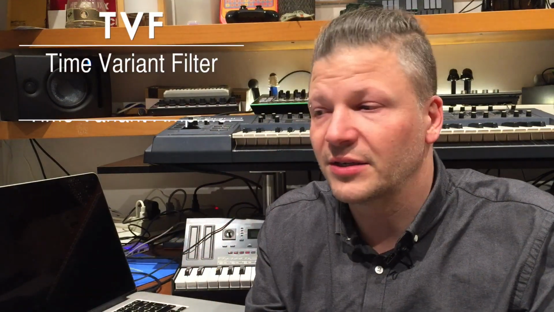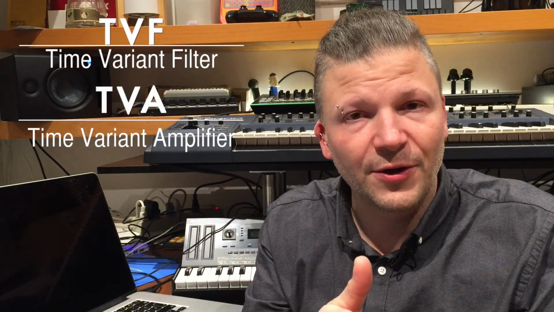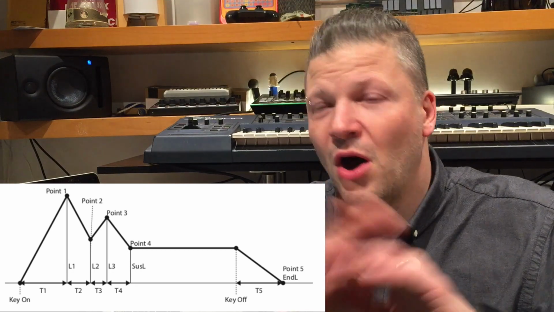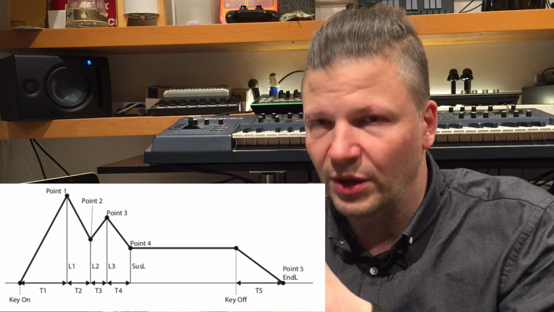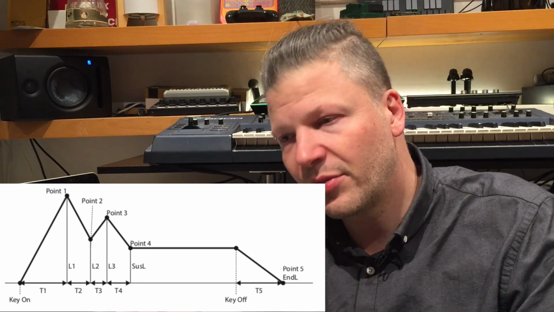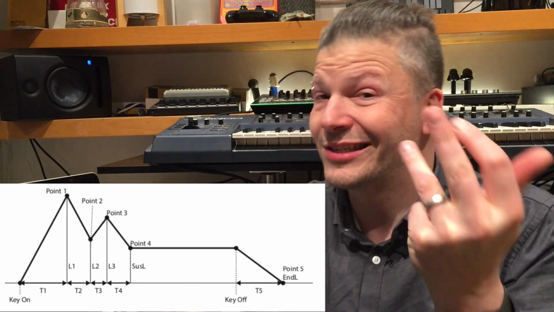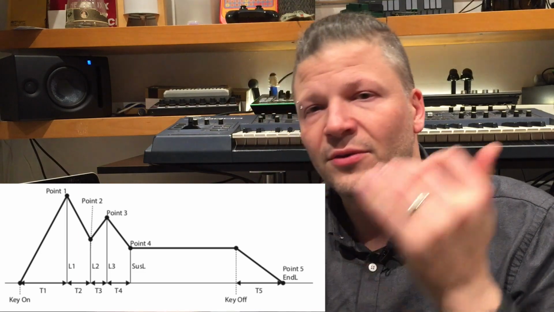But in this case, TVF means time variant filter, and TVA is time variant amplifier. Time variant is the type of envelope you see here. These are not normal ADSR. They go beyond that notion. In this case, you've got time 1, level 1, time 2, level 2, time 3, level 3, time 4, sustain, time 5, release.